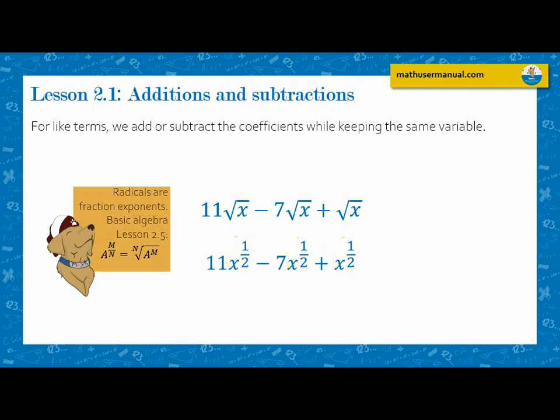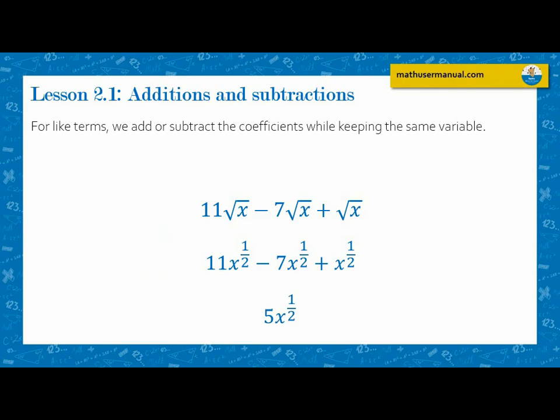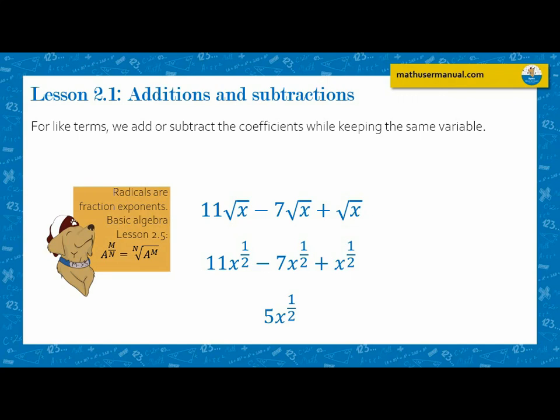And if they are like terms, from the previous examples we know that we can just copy the variable and add the coefficients. So this is going to be 5 times x raised to the 1/2. One more time, we can turn fraction exponents into radicals and vice versa. So we can turn this 5x to the 1/2 into 5 radical x.